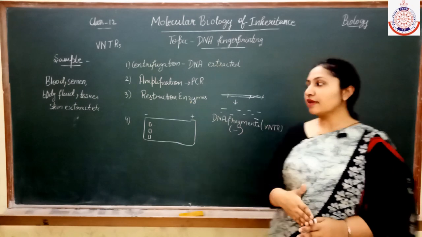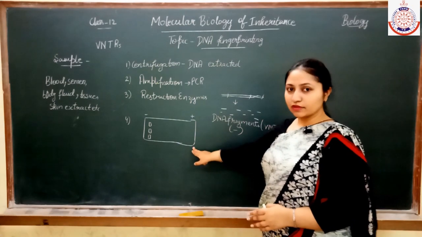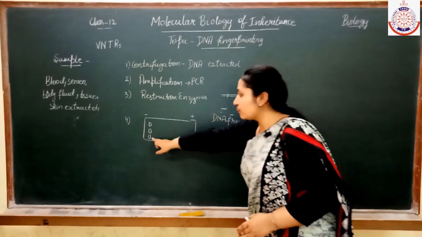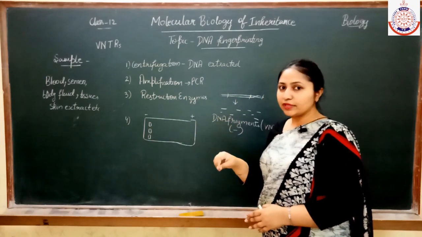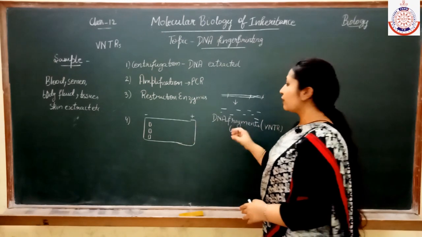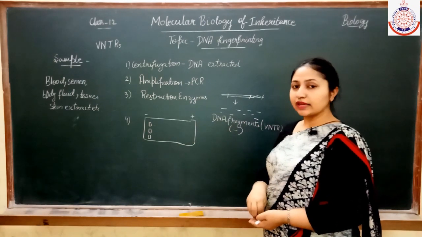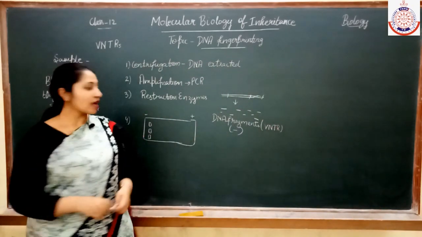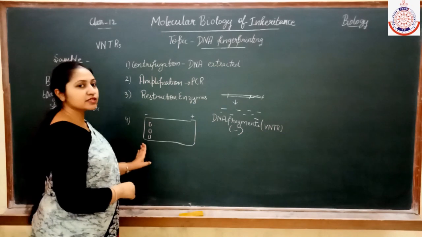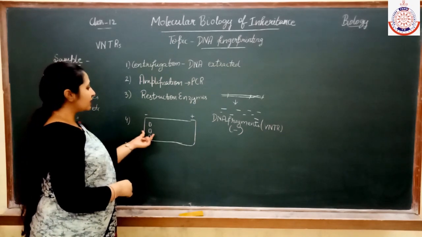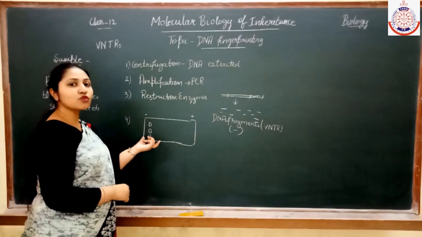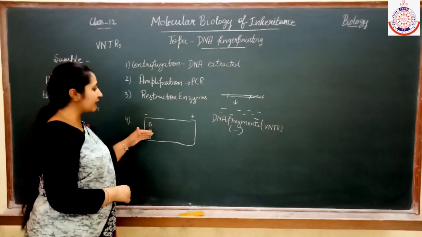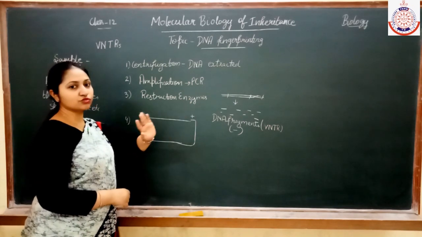How are they separated? Agarose gel is a gel-like structure having wells here. These wells are empty, and in these wells the DNA fragments are loaded. After loading, electricity is passed, and the DNA fragments, on the basis of their length and charge, migrate and run over the agarose gel.